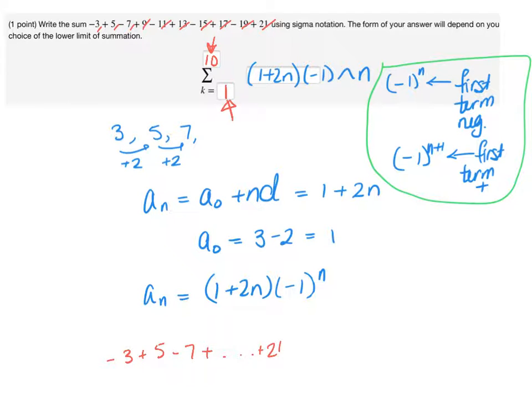I can't just count them. I'd have to figure out how many terms there are, so I would have put 21 equal to my closed formula and solved. But they're all listed, so I can just say I have 10 terms.